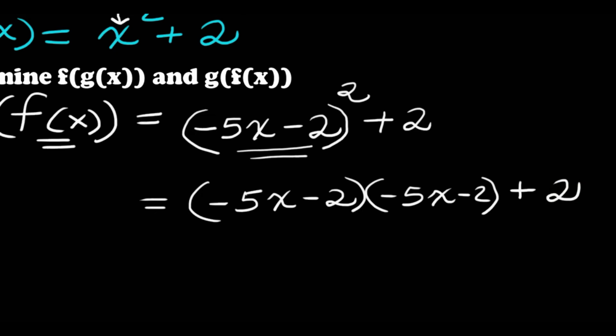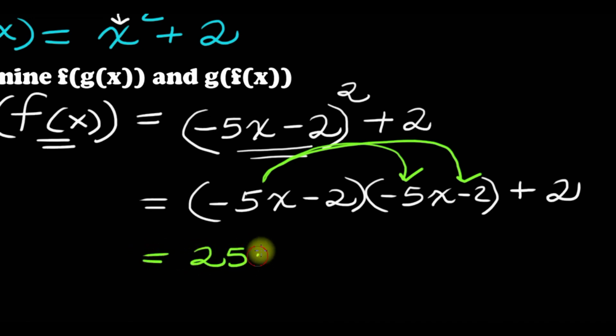All right, so we're going to apply the distributive property here to get rid of the parenthesis. So -5x times -5x, and then -5x times -2. So we have 25x squared, and then plus 10x.